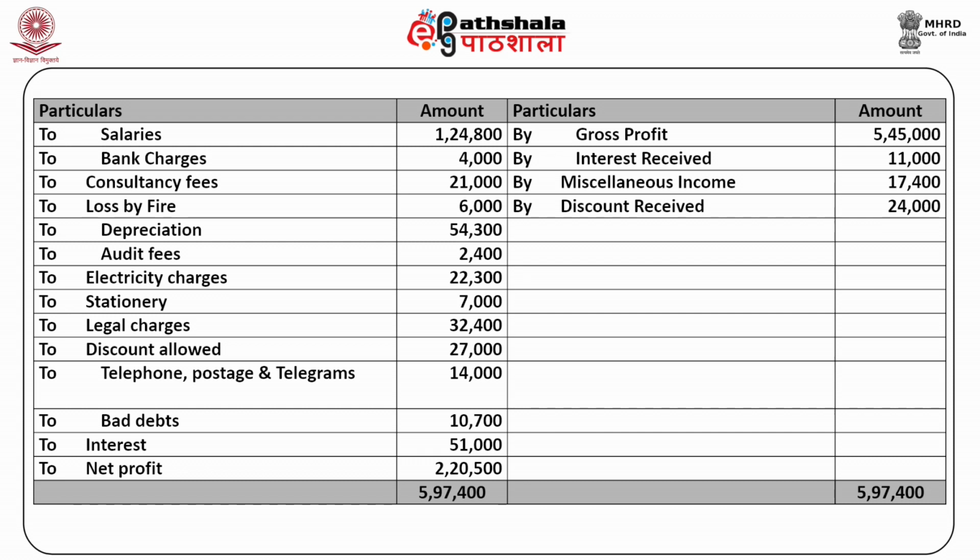On the left hand side, we will see all expense items like to salaries 1,24,800, to bank charges 4,000, to consultancy fees 21,000, to loss by fire 6,000, to depreciation 54,300, audit fees 2,400, electricity charges 22,300, stationery 7,000, legal charges 32,400, to discount allowed 27,000, to telephone, postage and telegram 14,000, to bad debts 10,700, interest 51,000.